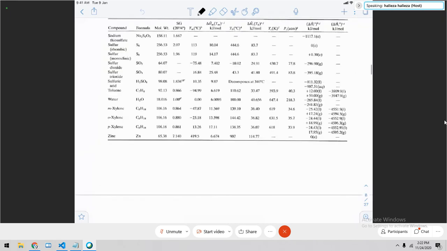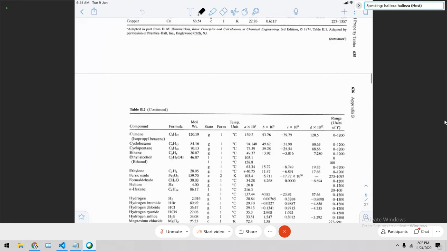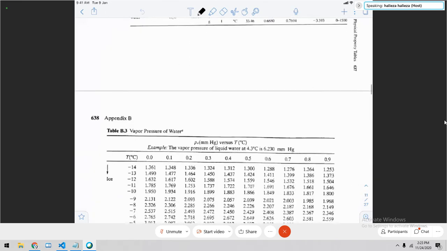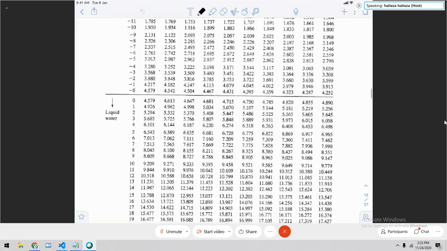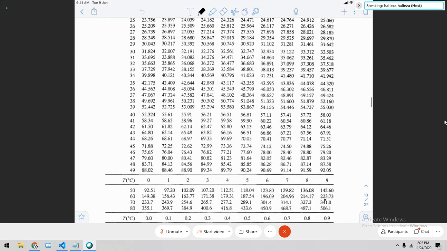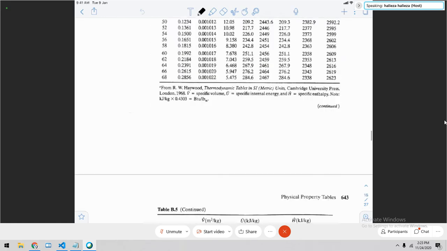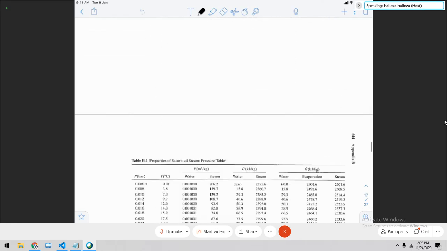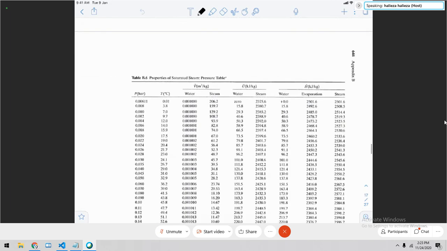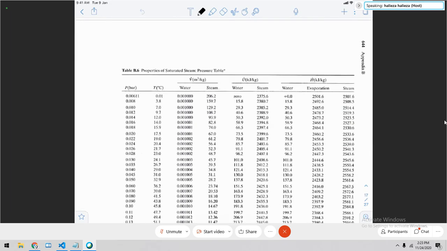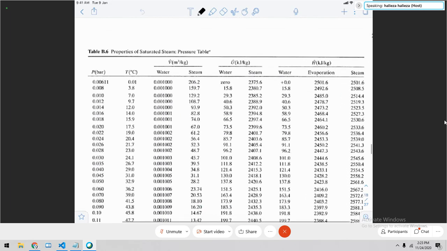I wanted to point this out because it is important for you to understand what actually is latent heat when you look at your steam table. Where is our steam table? Appendix B. Okay, I have this Table B.6 over here. I'm going to use this highlighter. This is the enthalpy of the liquid.